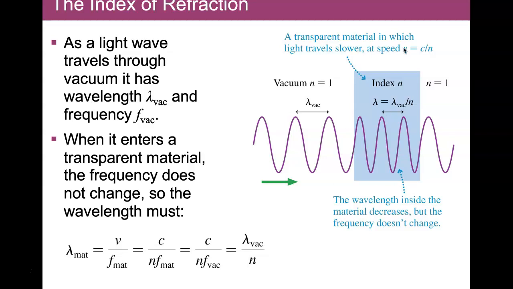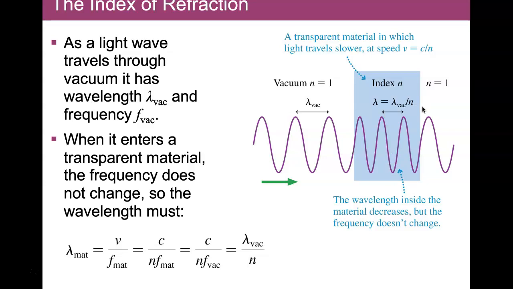So this picture is a little bit oversimplified, I would say. First, you can never just enter and not reflect. There's always something that gets reflected back. And also the amplitude would change. There are energy conservation considerations here. So it's a bit of a cartoon picture just showing one aspect of it, namely the wavelength changing inside.